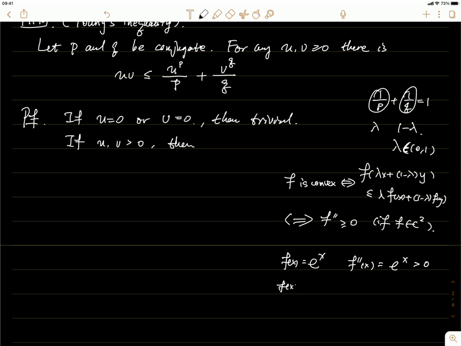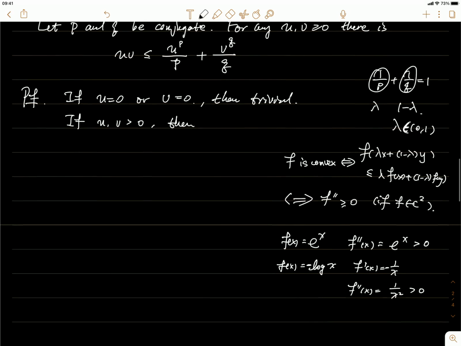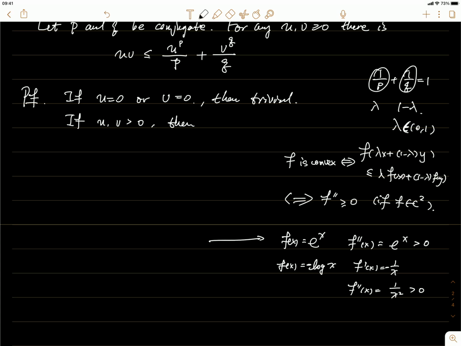Or if we check f(x) equals negative log of x, then we take the derivative once and have negative 1 over x, and the derivative twice is 1 over x squared, which is greater than 0. That also means the function is convex. So for the first one, the e^x is like that, and the second one is for the negative log.